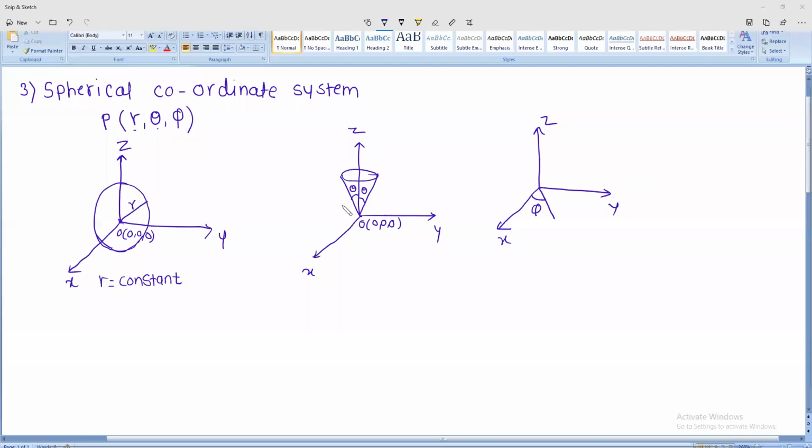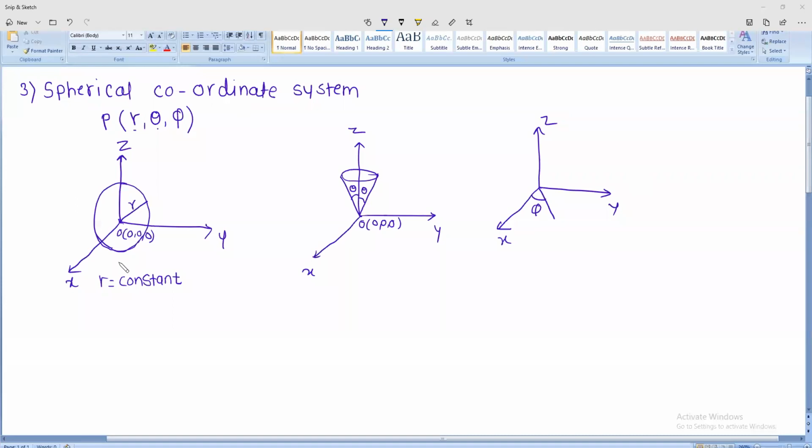Now tell me, in space, how will r, theta and phi vary? How much can r increase? From which point to which point will r increase?